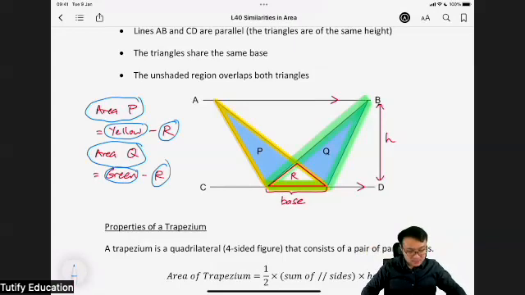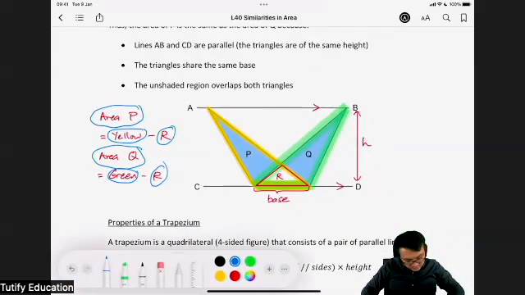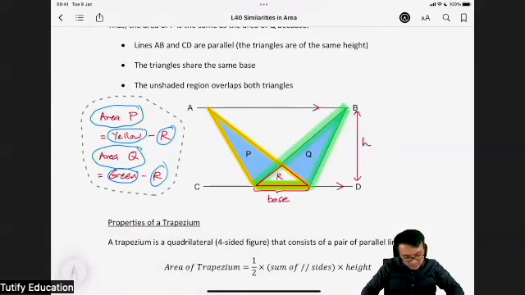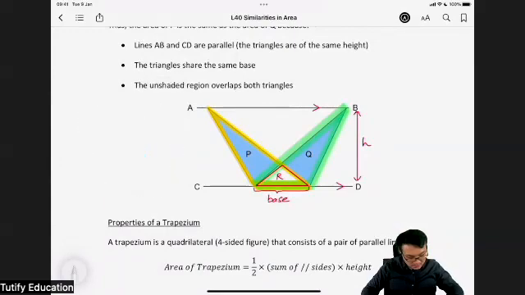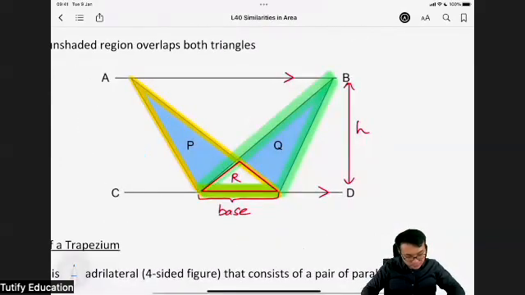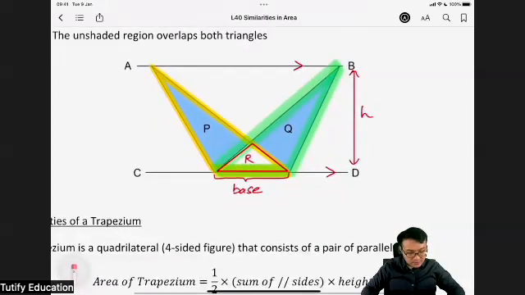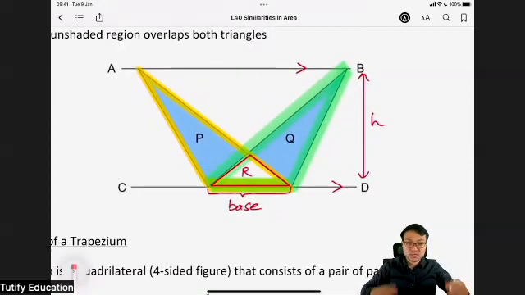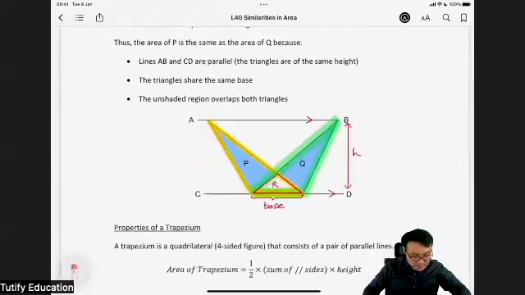Thank you, Maximus. Okay, so you see, students, now we already know how to find the area of P and Q, and we realize that the area of P is the same as the area of Q. That means whenever you see two overlapping triangles in parallel lines, you should use the butterfly concept.